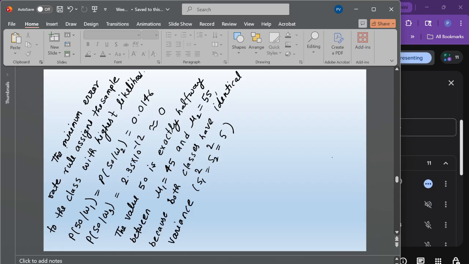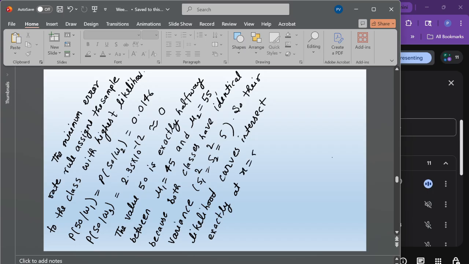So their likelihood curves intersect exactly at x equal to 50.